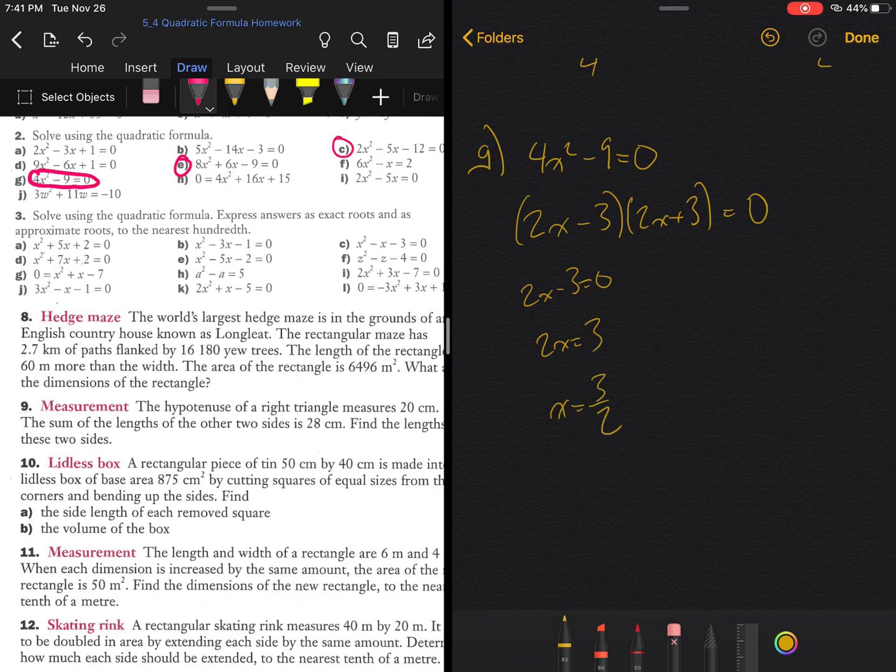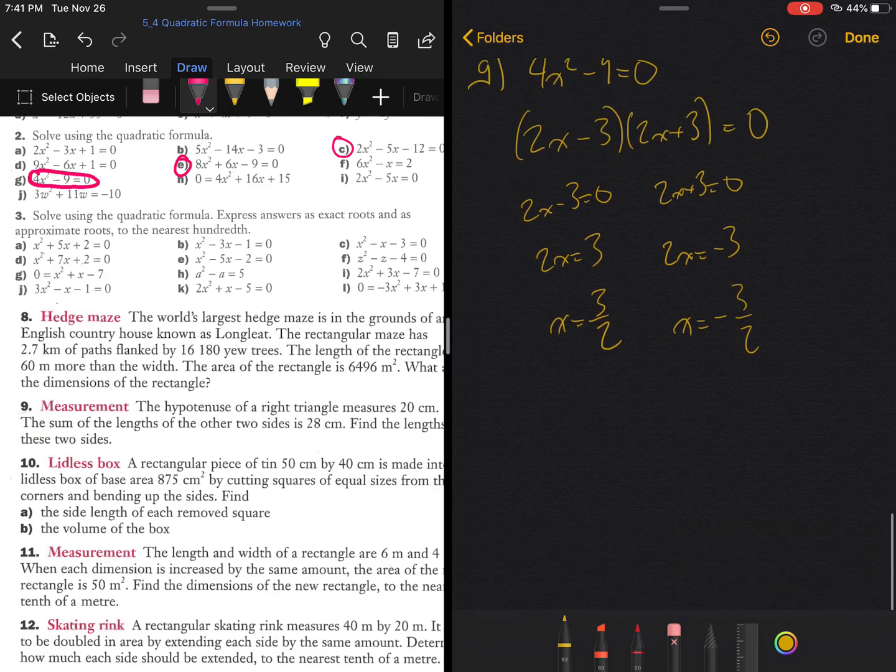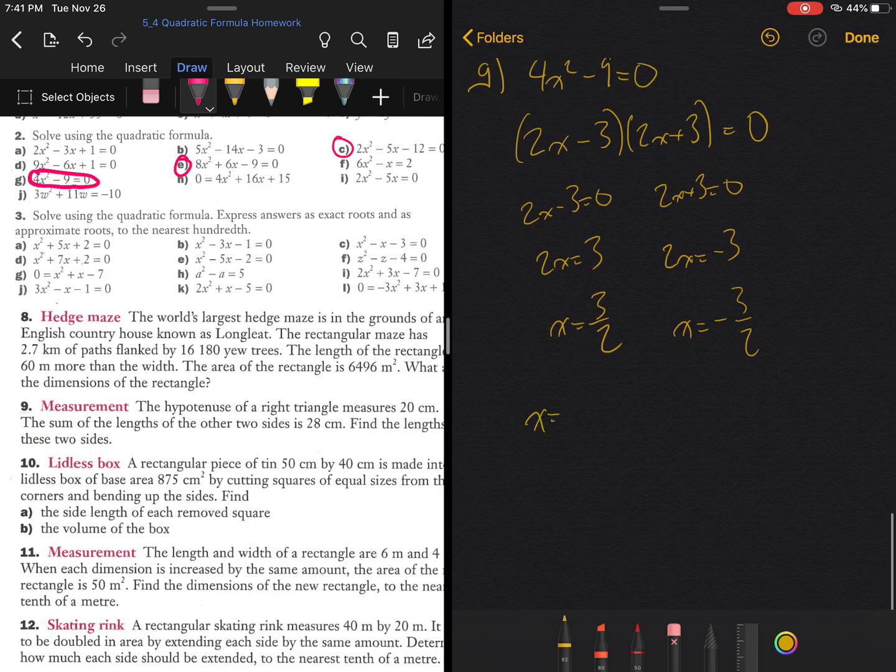Therefore, 2x minus 3 equals 0, or 2x equals 3, or x equals 3 over 2. And of course, this becomes pretty much the same thing except the negative version. 2x plus 3 equals 0, 2x equals minus 3, x equals minus 3 over 2.